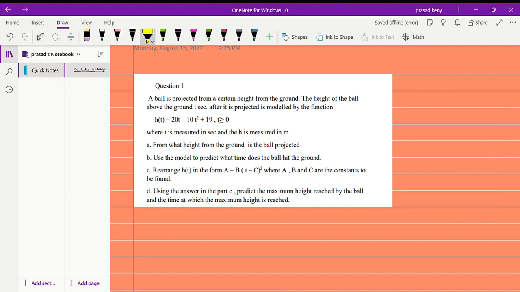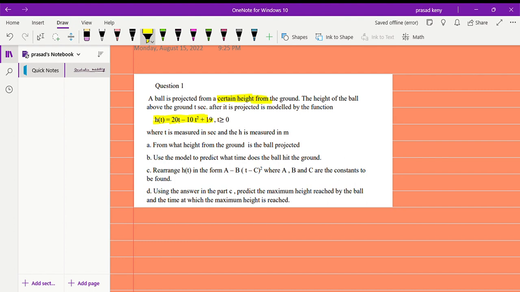The height of the ball is modeled as a quadratic function of time t. And keep it in mind that the ball is not projected from the ground but from a certain height above the ground.